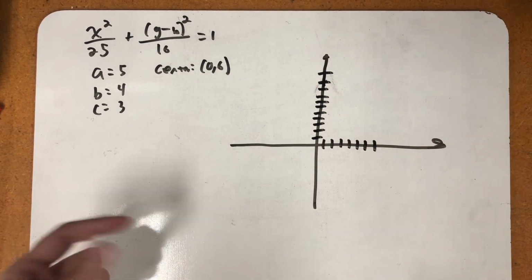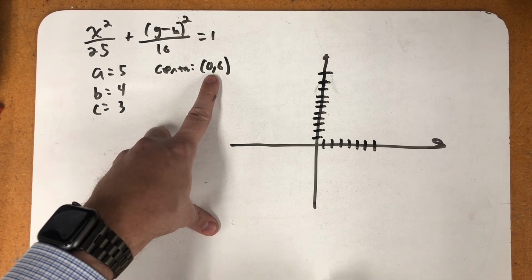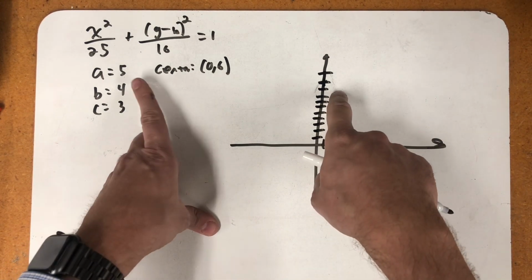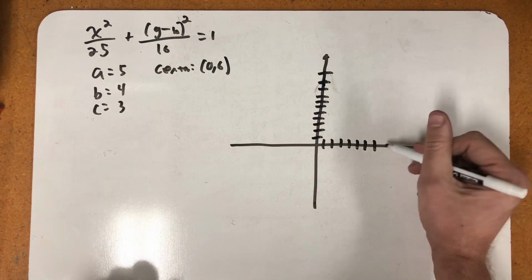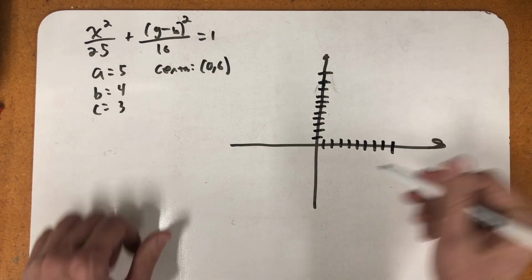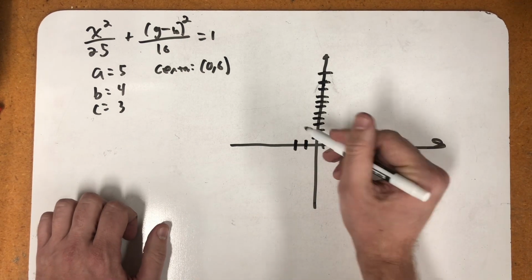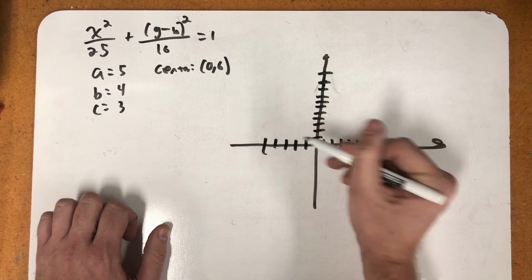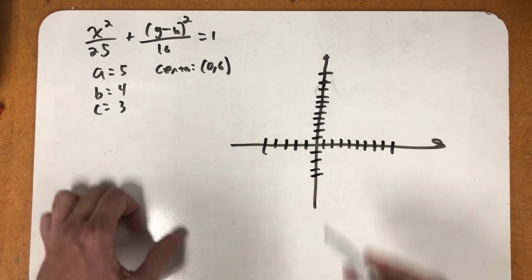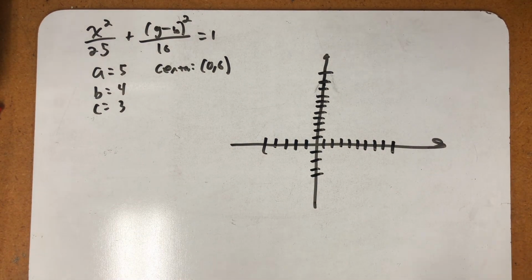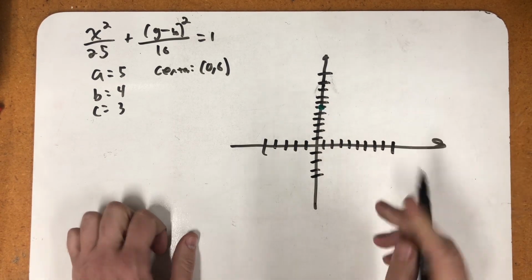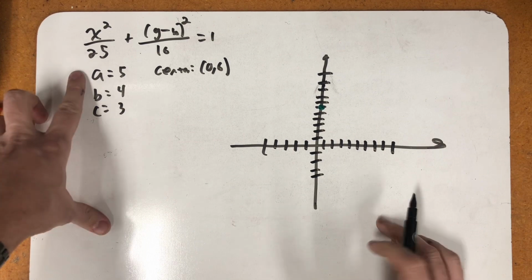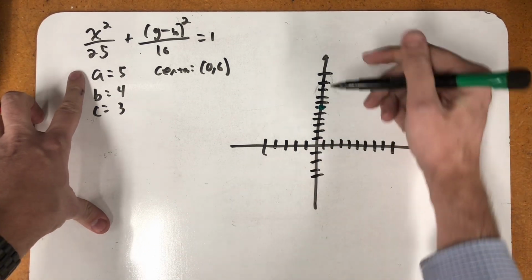And I'm going on and thinking ahead that I'm going to plot this point here at 0, 6, and I have to be able to go up and down 4 in the y direction and left and right 5 in the x direction. All right, let's plot that center and then see if we can sketch the rest of this ellipse. All right, 25 is under the x term, so I need to go left and right 5.